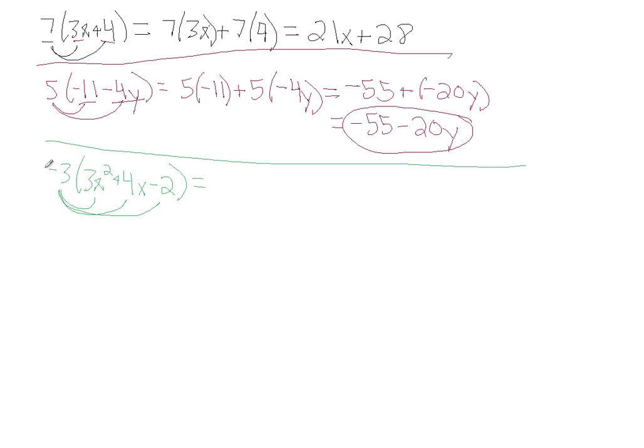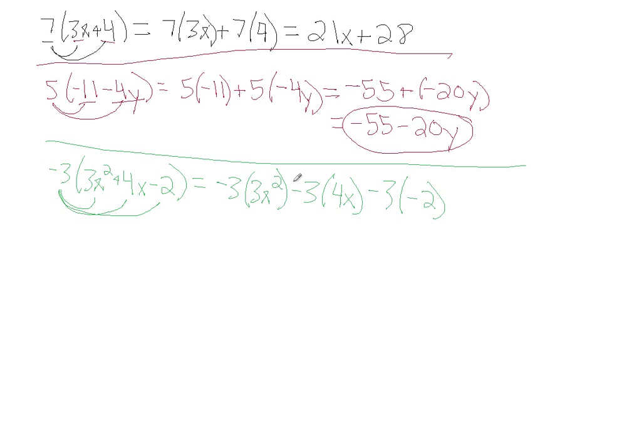We have a negative 3 out here, so let's be careful with our signs. Minus 3 times 3x squared, minus 3 times a positive 4x, minus 3 times a minus 2.